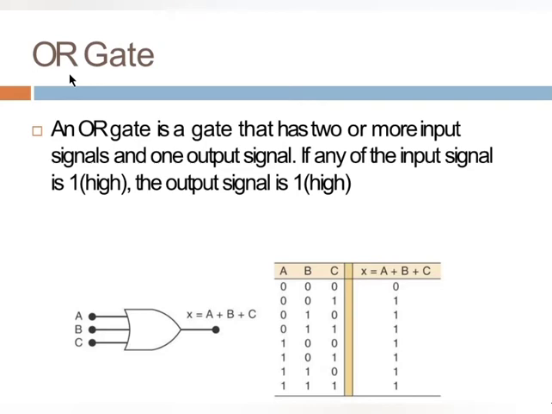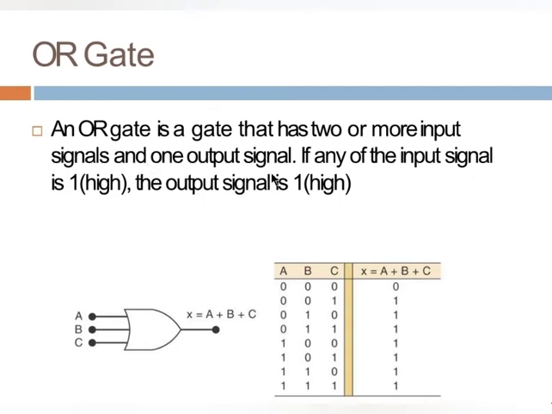So the OR gate's functioning is similar to an OR operator. But the difference is, with the OR operator at a time we are dealing with only two operands. But in case of OR gate, these gates are electronic circuitry. This OR gate is a gate that can have two or more input signals and it produces a single output signal.